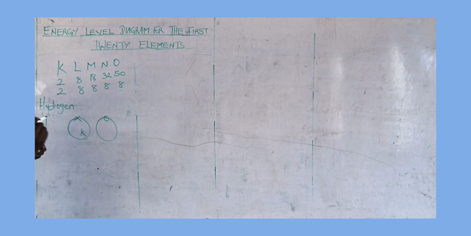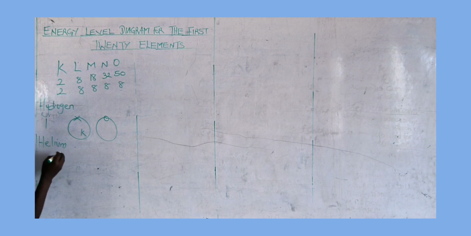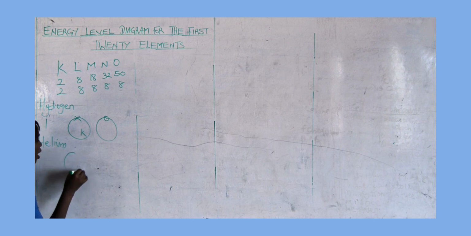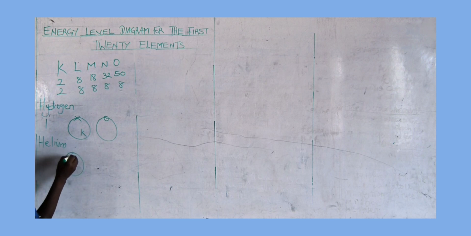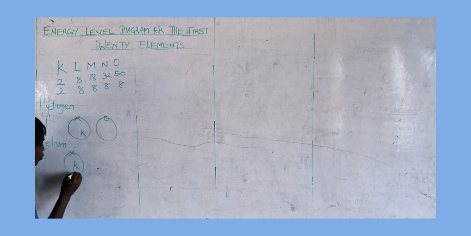The next one is helium. Helium has an atomic number of 2. So that means we're going to complete our K energy level. We have it to be like this. So that will be our K. You put 1 here, you put 1 here.